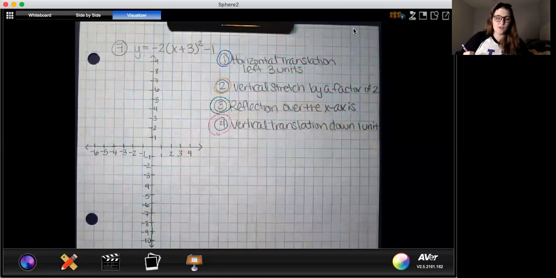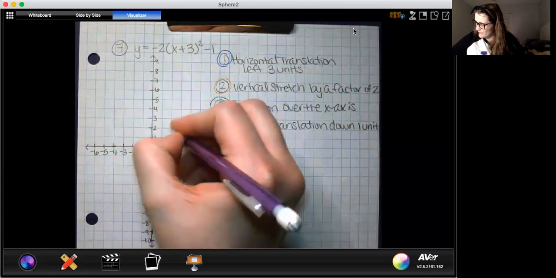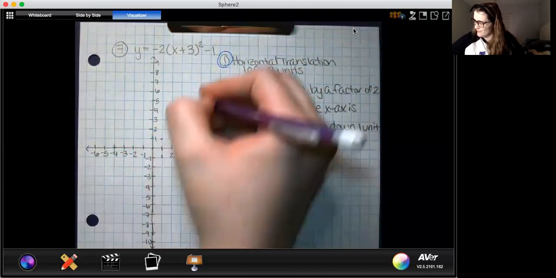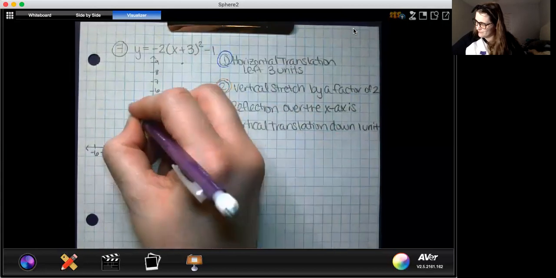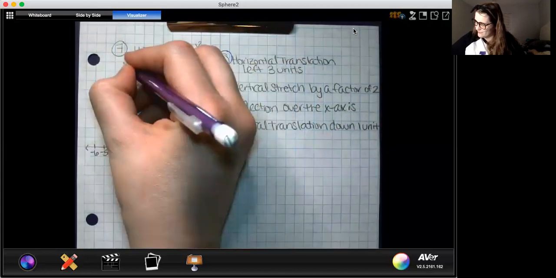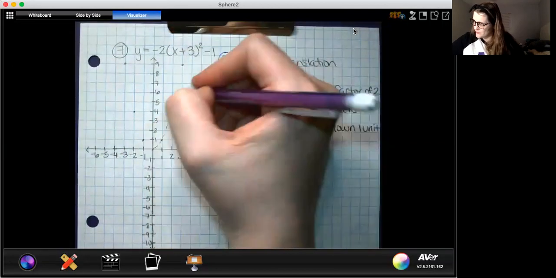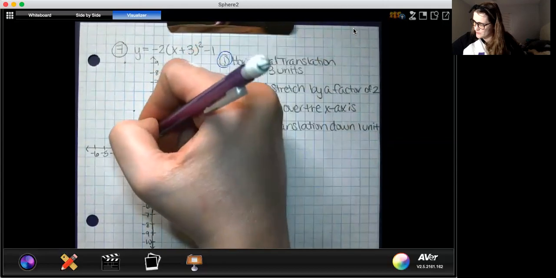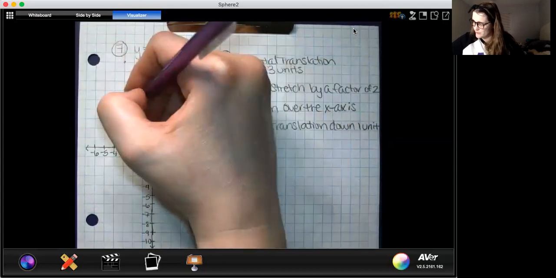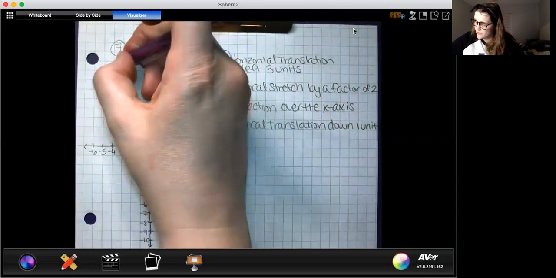So, starting with my parent function. As always, that's the same one over and over as our first one. And I start the first one in pencil. You could start the first one with black or another color if that's what you prefer.